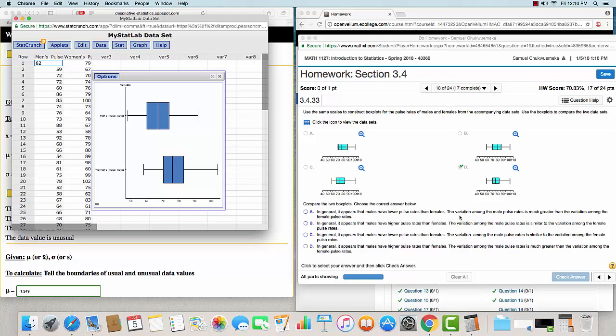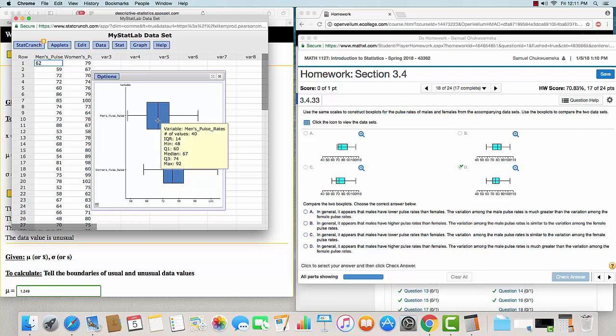Now the next one: the variation among the male pulse rates is much greater than the variation among the female pulse rates. When we talk about variation, variability, we talk about the range, the variance, the standard deviation. The easiest one we can use in this case is the range.